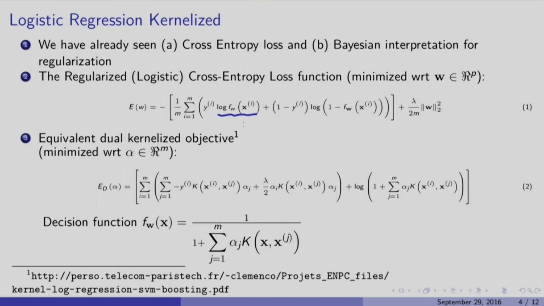So w transpose phi xi has been substituted by a summation over j of k(xi, xj) alpha j. Similarly, this is not just about the first term, but this happened also with the second term. All this is easier to realize if you look at the formulation that we recalled.